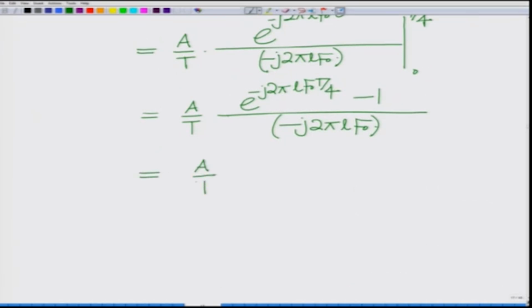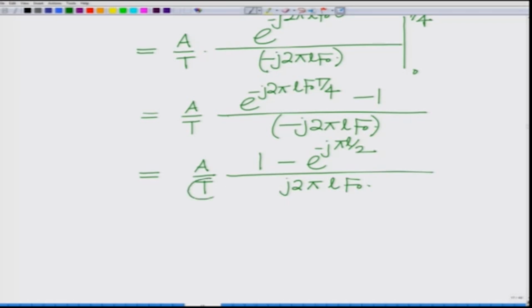Also there is a negative sign, so I multiply the numerator also by minus 1, and what I get is 1 minus e to the power of minus j pi L by 2, divided by j 2 pi L f naught, and also in the denominator there is a T and then f naught, the product of these two is 1.